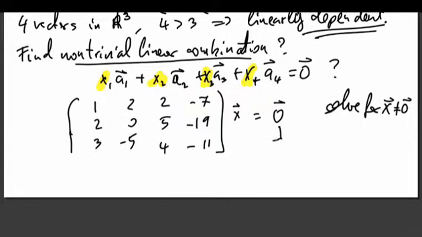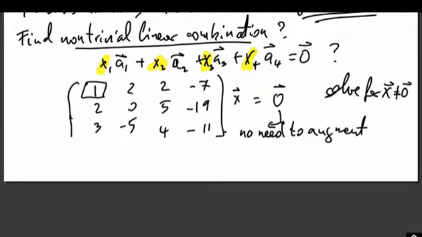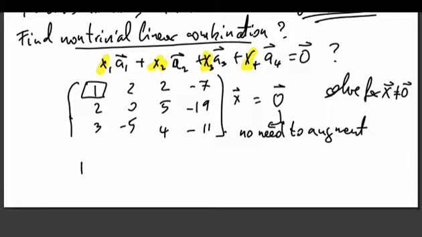Because of the 0 homogeneous linear system, we do not augment the matrix, or at least there is no need for it. So what we do is a Gauss-Jordan elimination. We want to make entries under the 1, 1 entry 0. So let me write down the steps.